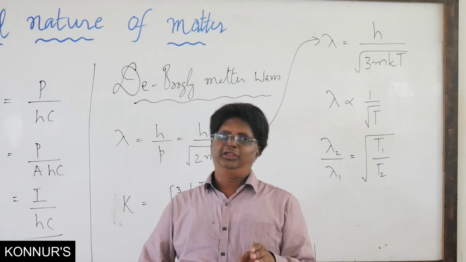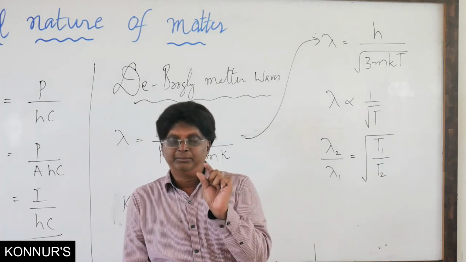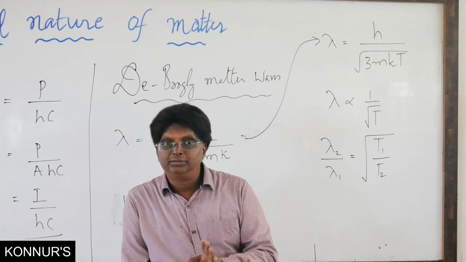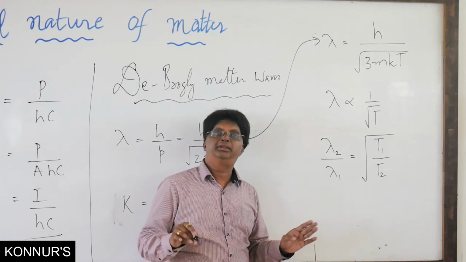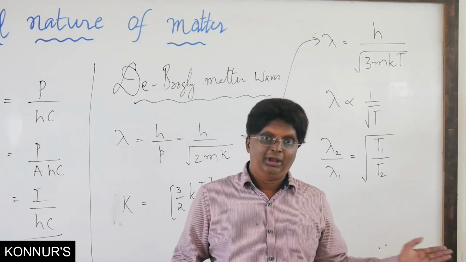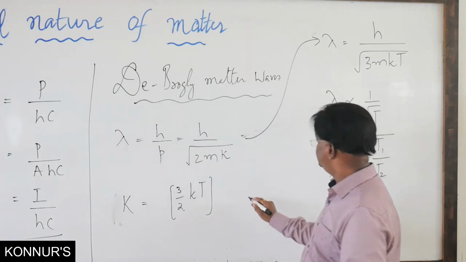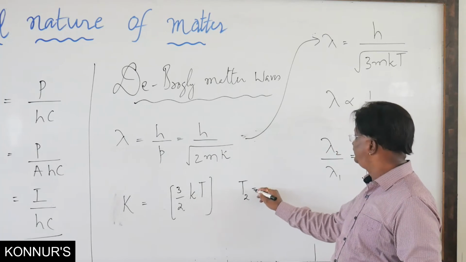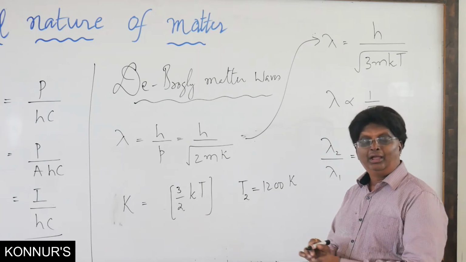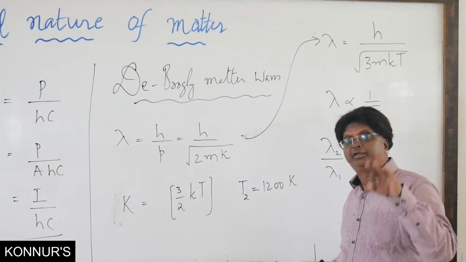Remember the symbol and unit: capital T is to be taken in the absolute scale. If given in centigrade, add 273 and then substitute. Supposing I got T2 equal to 1200 Kelvin, again finding the right option is important.